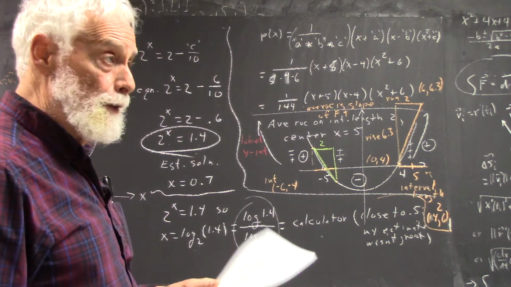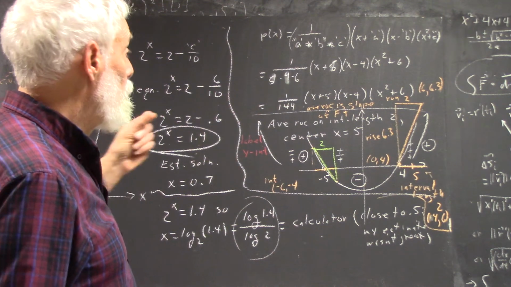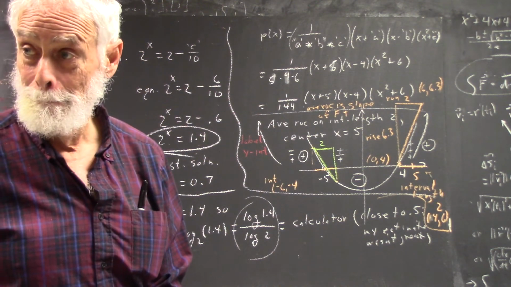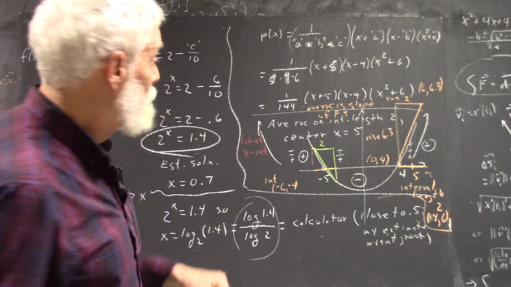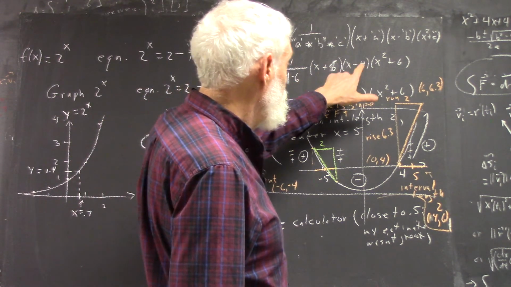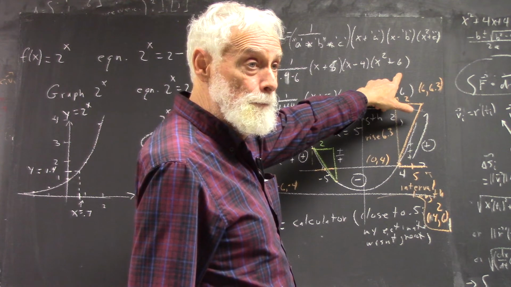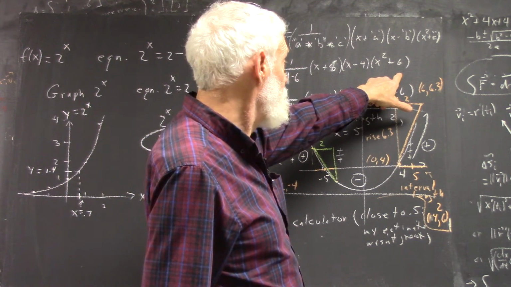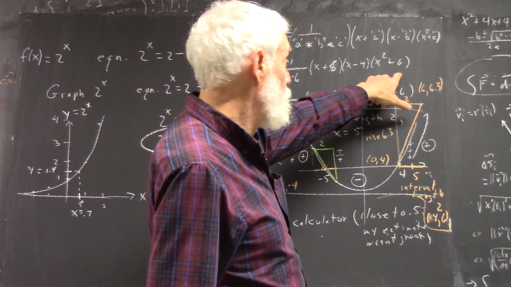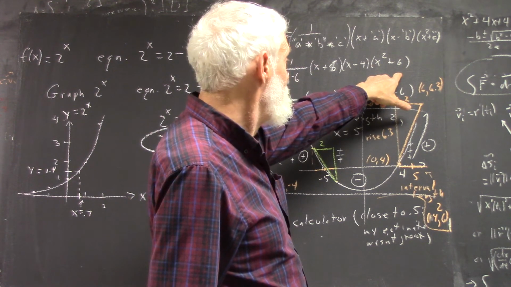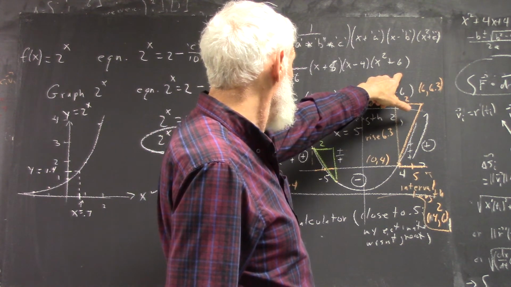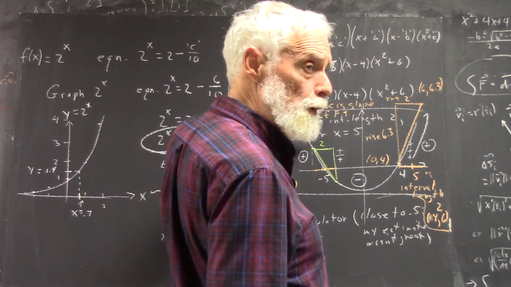Well, the y-intercept occurs when x equals 0, right? If x equals 0, you get 5 here, -4 here, and 6 here, right? It looks like that's -144. Actually, it's not, because I can't multiply. This isn't 144, it's 120.